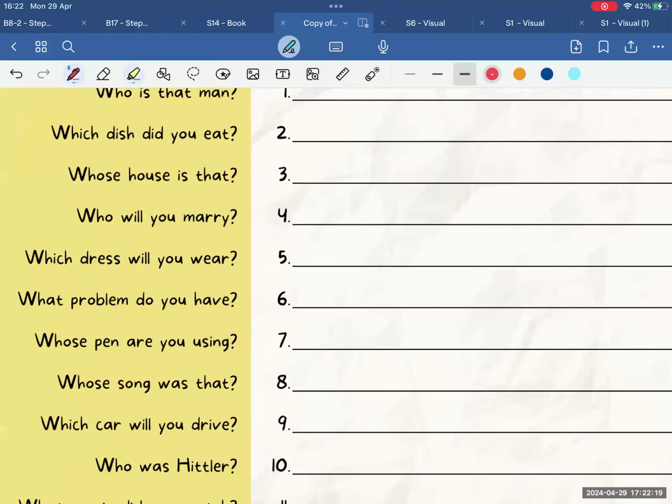Look at number 2. Which dish did you eat? It's in past. So it's gonna be something like, which dish did you eat? I ate the dish. What will be the connector?